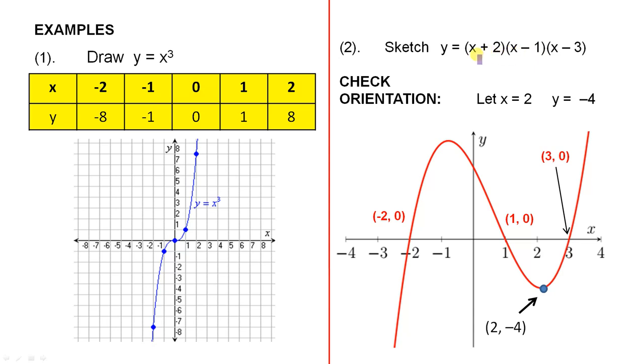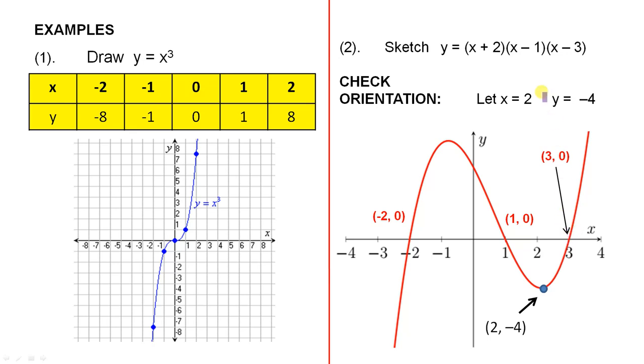Whenever the curve cuts the x-axis, we know that y equals 0. So that will occur where x equals -2, which gives us -2, 0. It occurs when x equals 1, which gives us the point 1, 0, and it occurs where x equals 3, which gives us the point 3, 0.